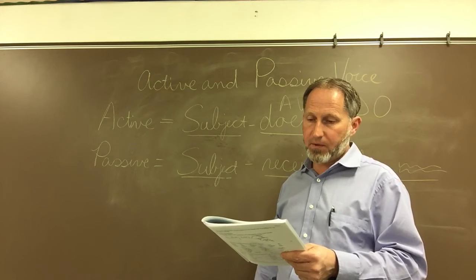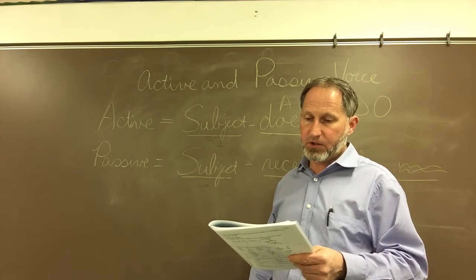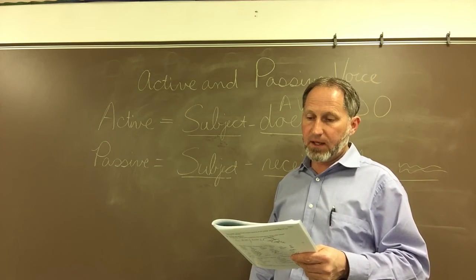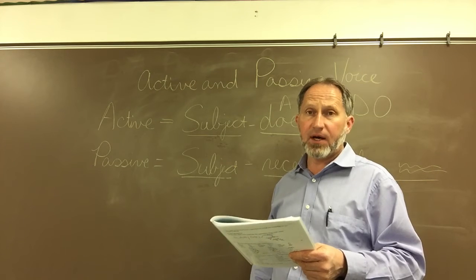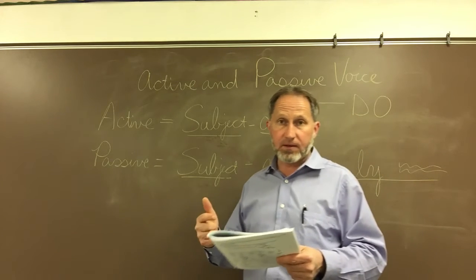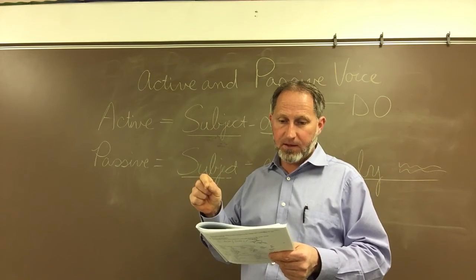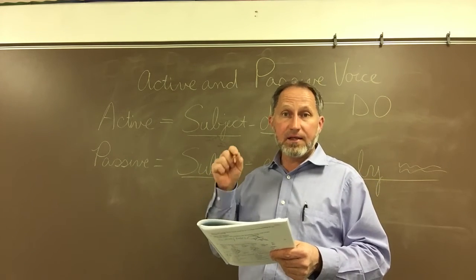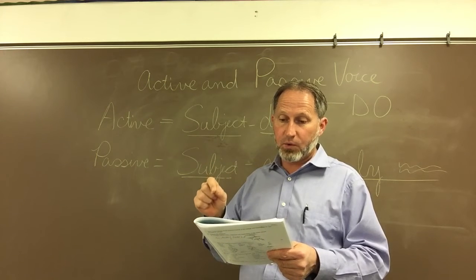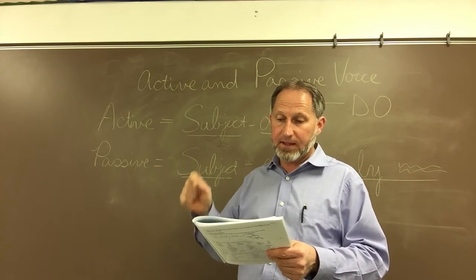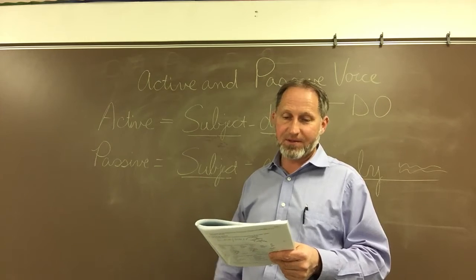All right, so let's rewrite. The gospel was carried to the Algonquin Indians of Massachusetts by John Eliot. So how are you going to turn that around? John Eliot is the doer of the action. We're going to make that the subject. John Eliot carried the gospel to the Algonquin Indians of Massachusetts.